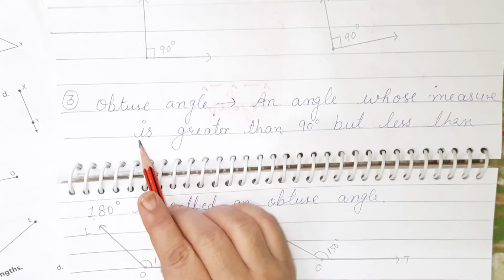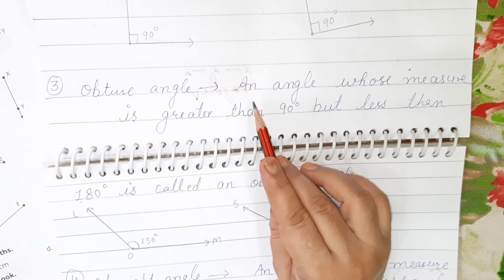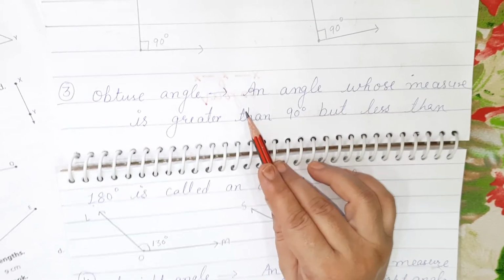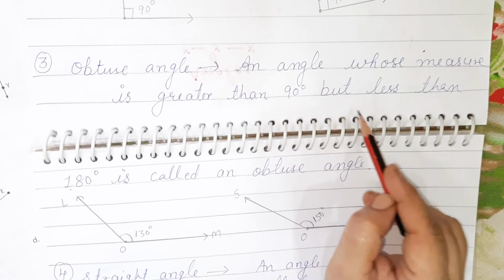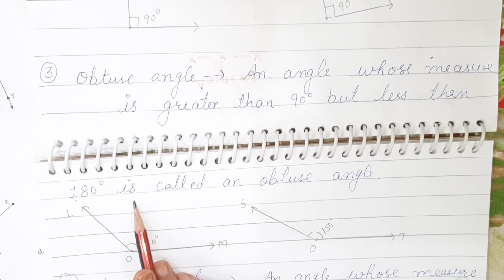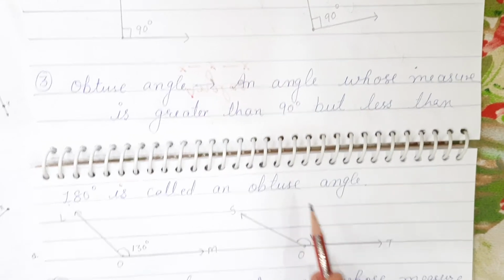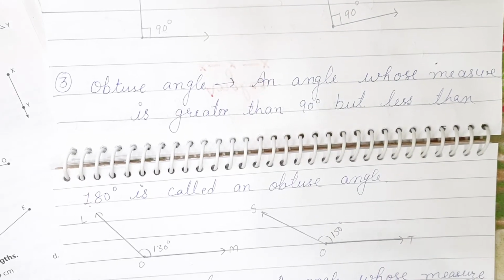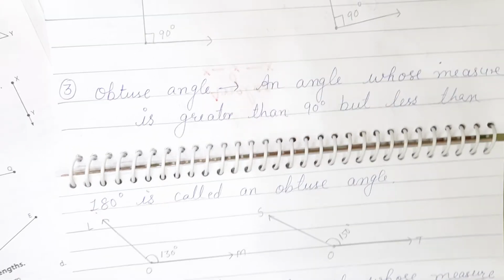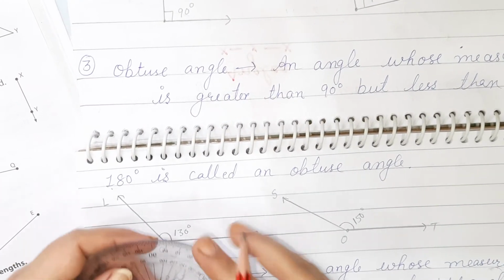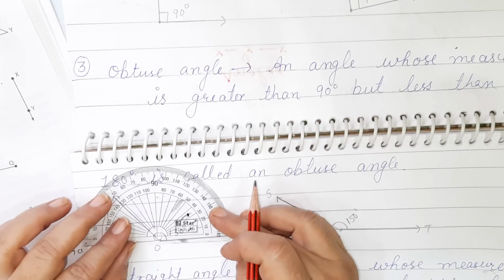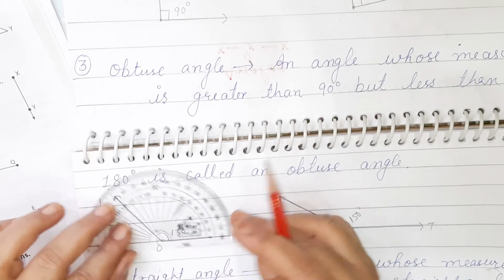Third angle is obtuse angle. An obtuse angle is an angle whose measure is greater than 90 degrees but less than 180 degrees. Students, greater than 90 and less than 180. So I am constructing an angle here. First ray, second ray.